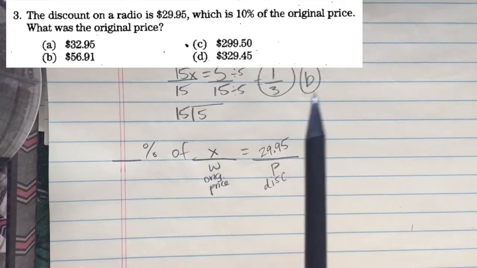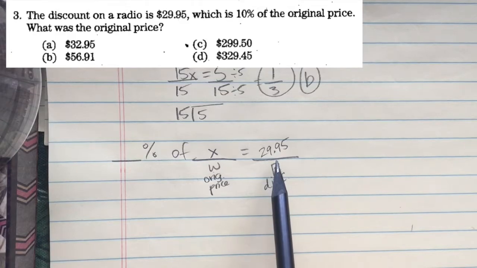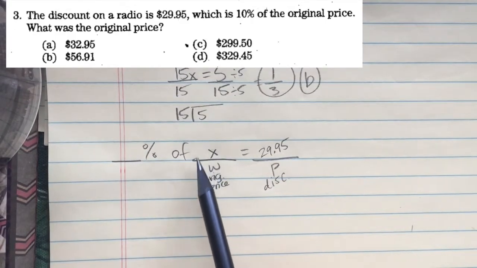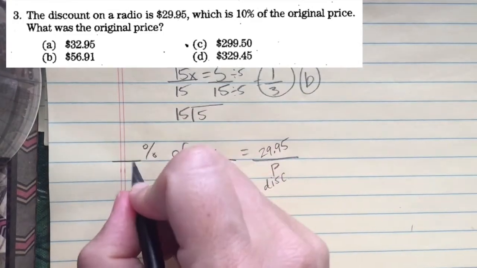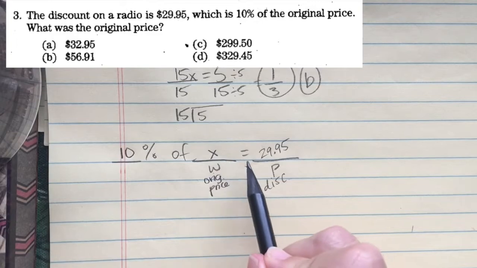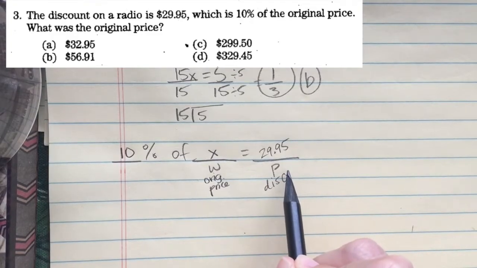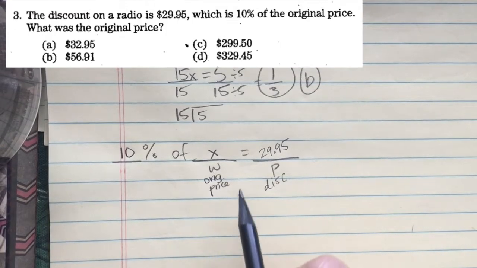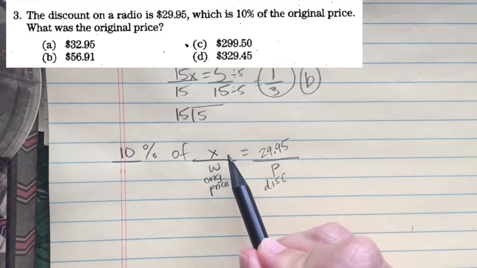And that's saying that $29.95 is 10% of the original price, which is what we are trying to figure out. So 10% of something is $29.95. Okay, so always look at the question, what was the original price? That will help you in determining this.